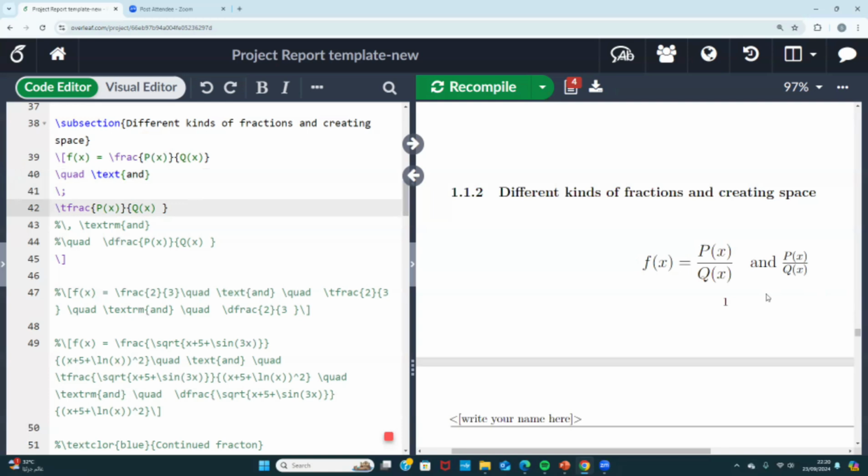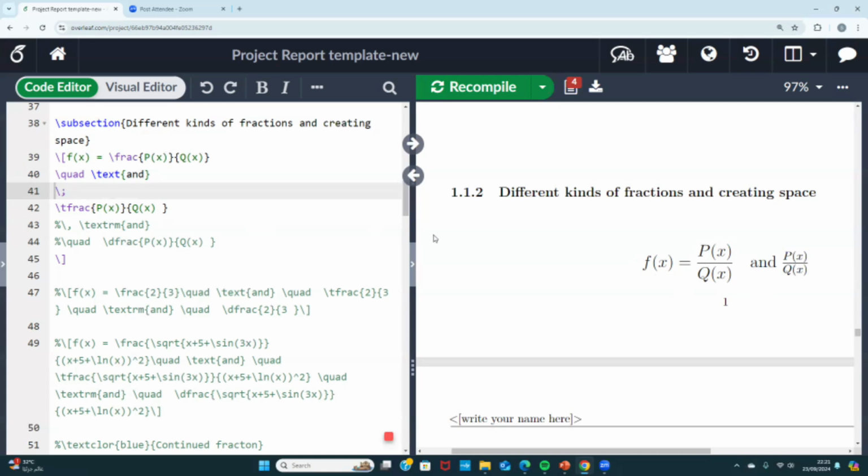But if you want to display your fraction very nicely, then you have to use frac, and another one which we'll discuss next. Now when you put the colon here, the space between the "and" and the tfrac is much less than with the quad.